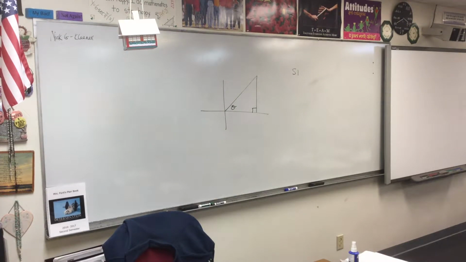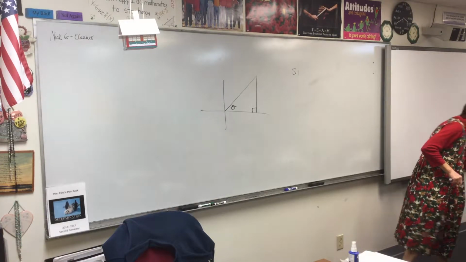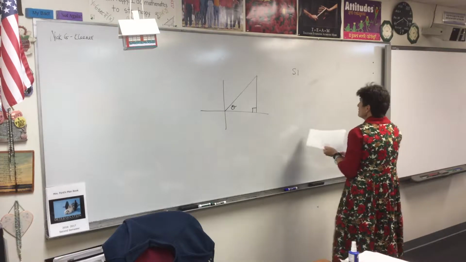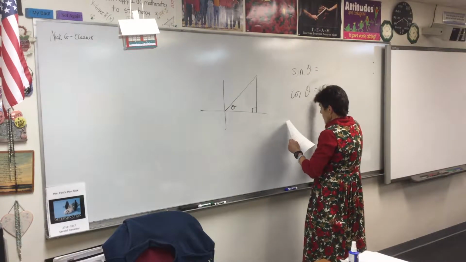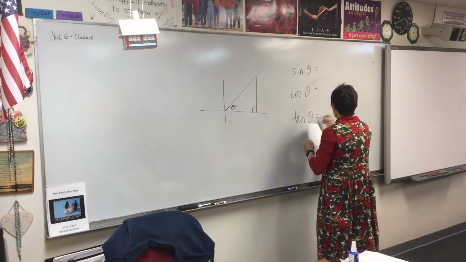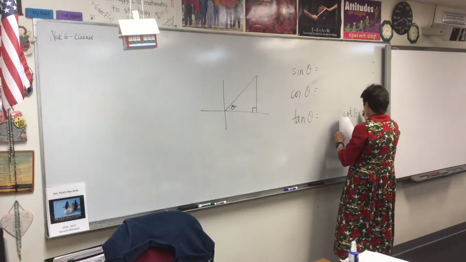All right, so we are on the first problem of the practice quiz, and we have figured out that because we've been given the cotangent, we know the opposite and adjacent sides, right?